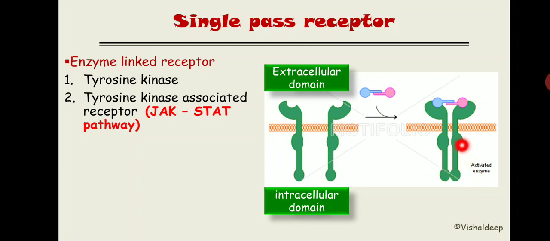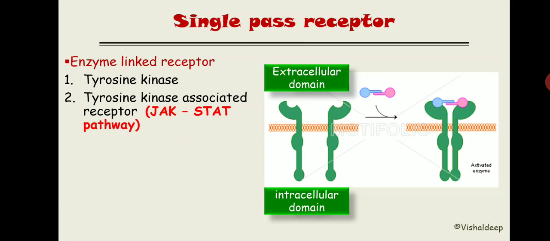So whenever any ligand comes and binds with the extracellular domain, it will activate the intracellular domain and cause autophosphorylation of the tyrosine molecule that is attached to its intracellular domain. Once this tyrosine molecule is activated, it causes phosphorylation of the other proteins that are situated inside the cell. This is how this receptor will work.